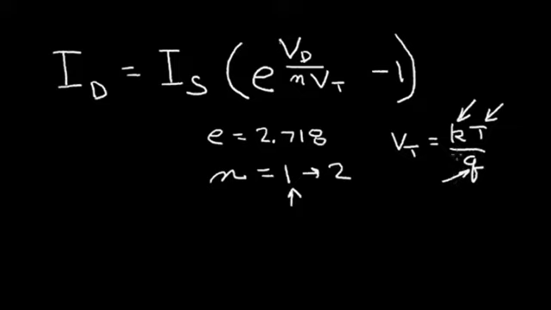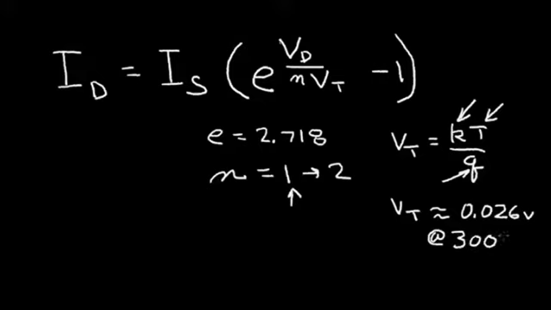At room temperature, V sub T is approximately 26 millivolts, or 0.026 volts, and that's at 300 degrees Kelvin, which corresponds to approximate room temperature.